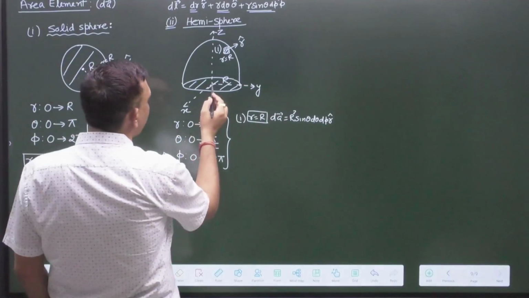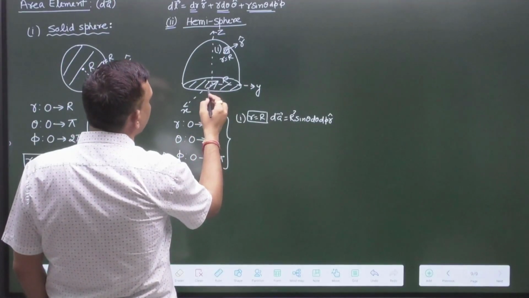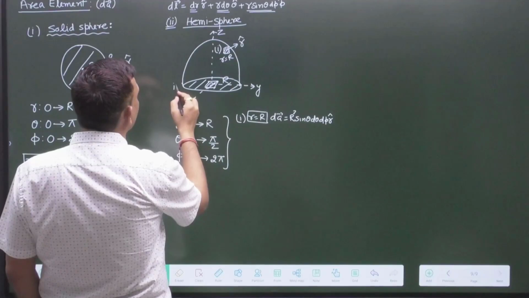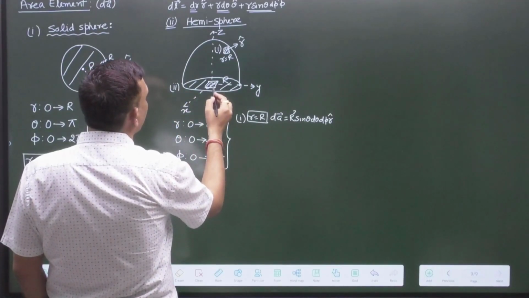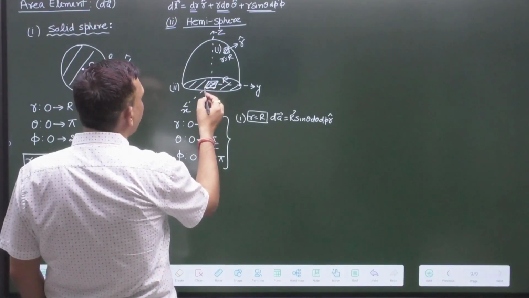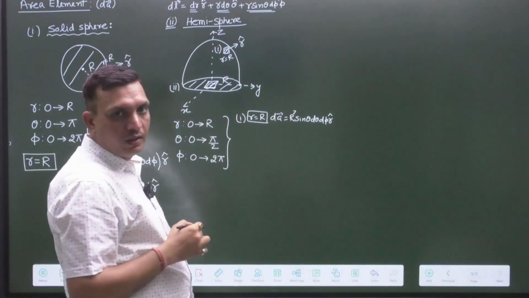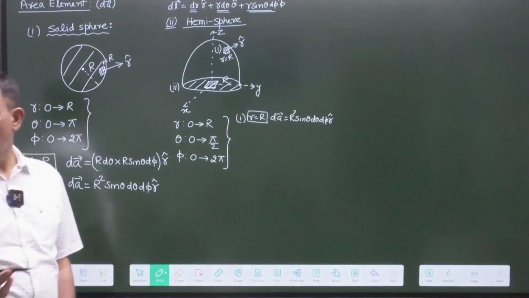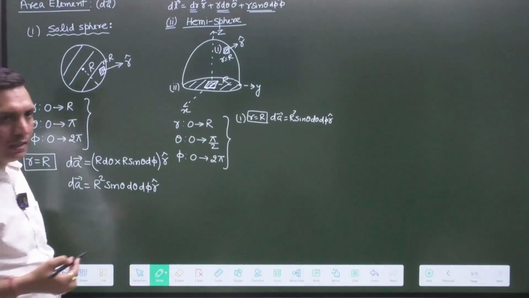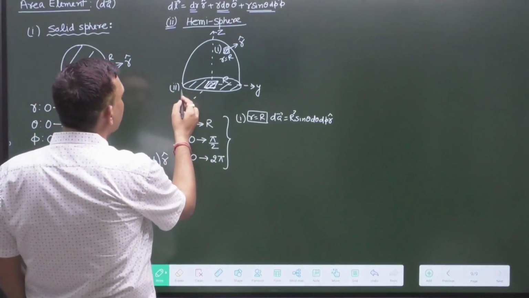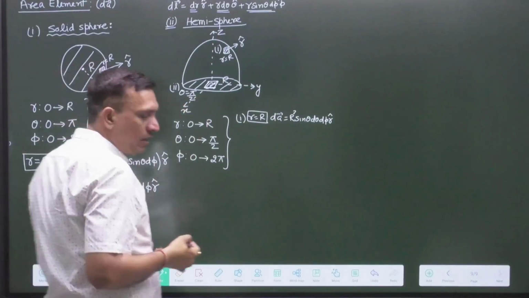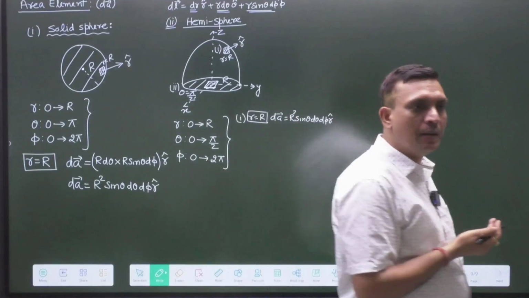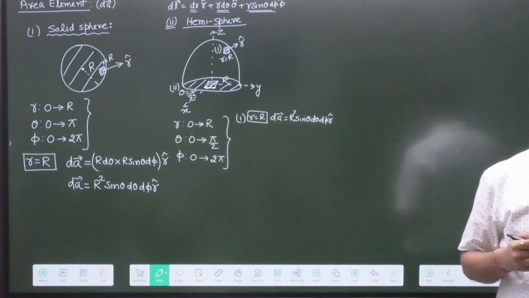Now you have a surface 2 in the xy plane. This is surface 2. So what is fixed for the second surface in the xy plane, in terms of r, theta, phi? Theta. So this is theta is pi by 2. In spherical symmetry, the xy plane is the theta pi by 2 plane.